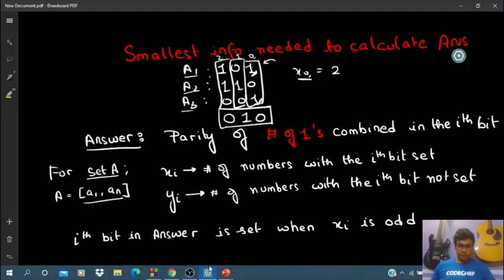Similarly, we define yi as the number of numbers in which the ith bit is not set. So y0 is 1, because only in the a2 number is the 0th bit not set.